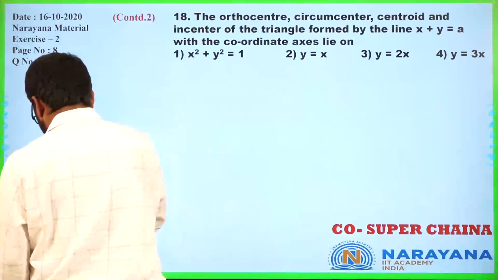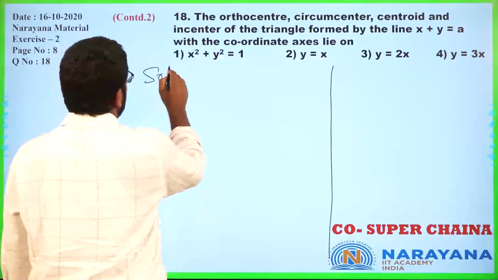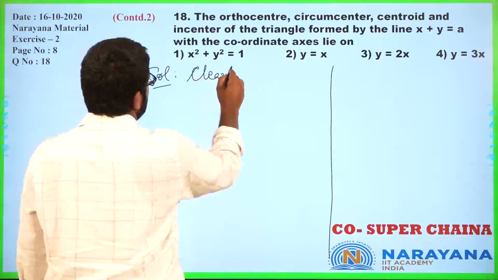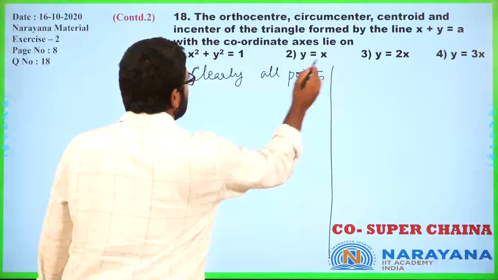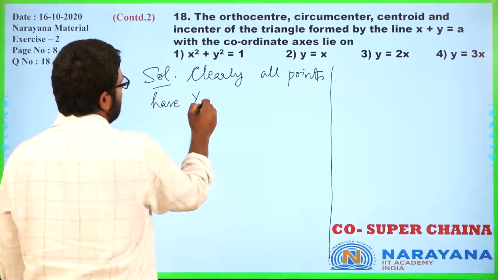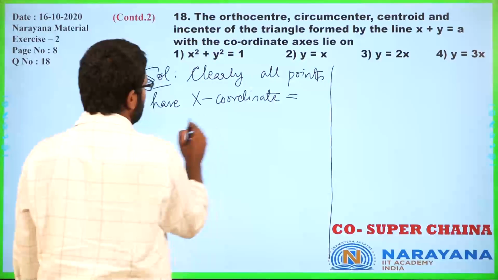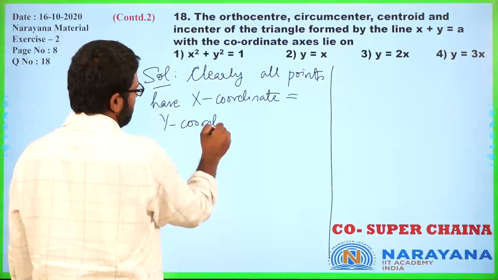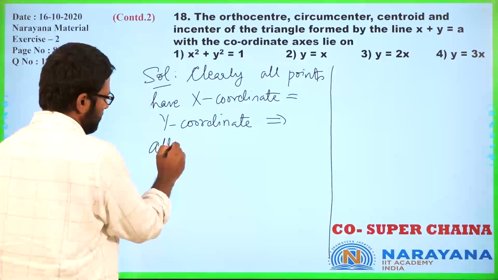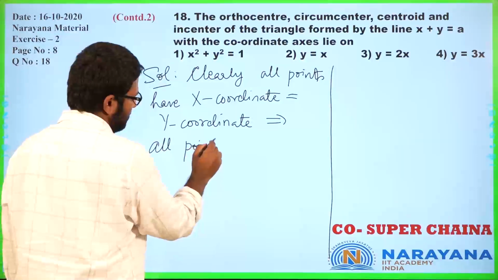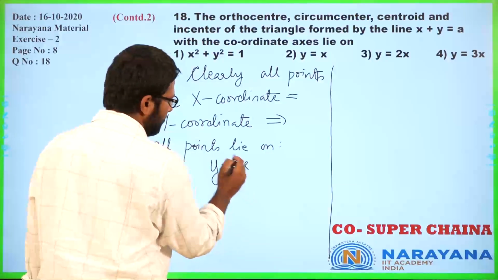So clearly all points have x coordinate equal to y coordinate, which means all points lie on y equal to x, right?